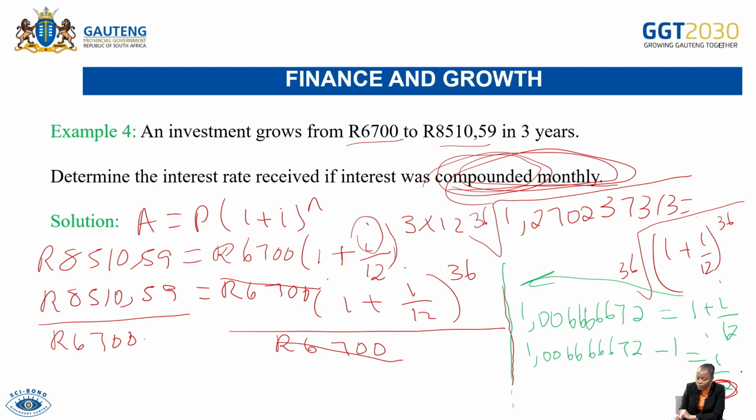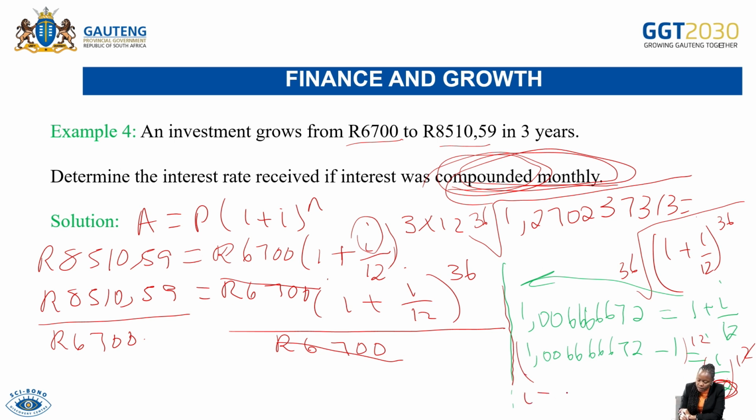You can multiply both sides by 12 all over 1, or you can just multiply this side by 12 and also multiply this side by 12. So the 12 and the 12 are going to go out. So from there I can say the answer minus 1, I get all of that, and then I multiply it by 12.